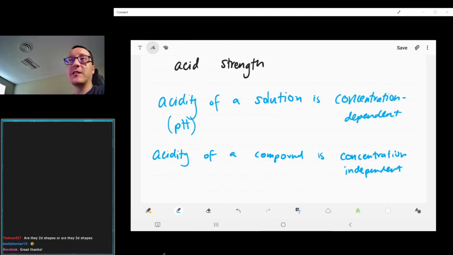The pH of that solution will depend on its concentration, but the acidity of a compound, aka its pKa, has nothing to do with its concentration. pKa is going to be a constant at a given temperature, so we're going to learn some factors to predict the acidity of particular acids without having to look at pKa values.